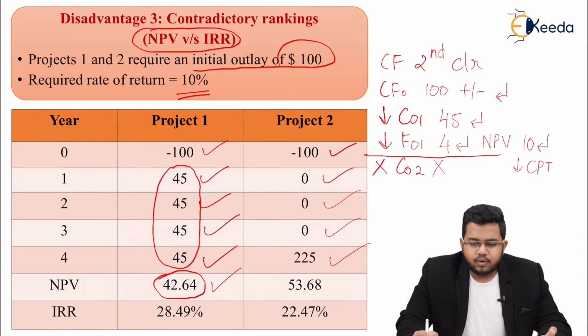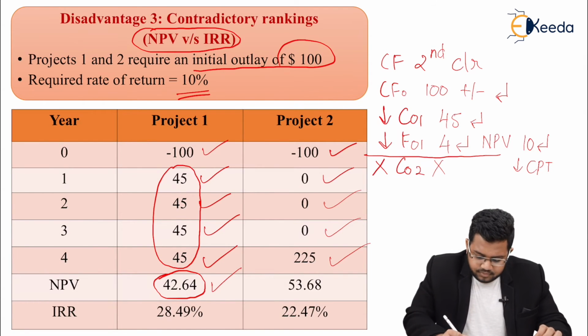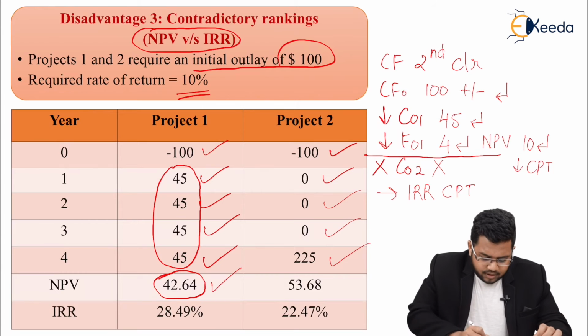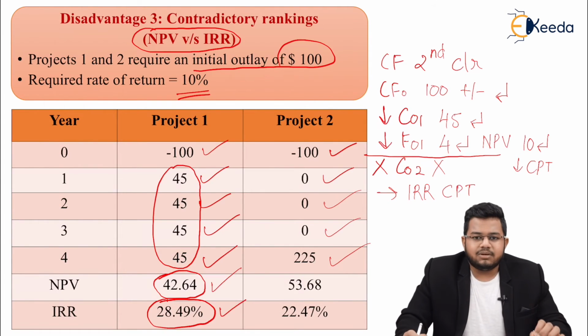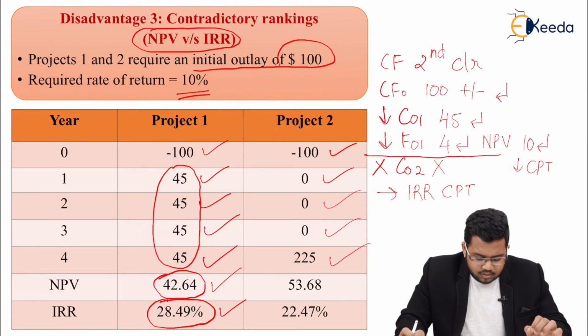Also, if you remember, if you want to find out IRR, there is a shortcut. Now that you have already inserted the cash flows, all you need to do is this. Press IRR CPT compute and you get 28.49. 28.49 is the rate at which NPV is 0. So now for the first project you got NPV and IRR.